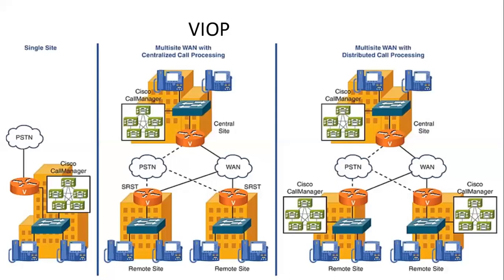In the example, if a phone is dialing an international number, and the central site is the international site for the remote site user, when he dials the number, based on the translation pattern and the route pattern, there is an end device, which is always a gateway or a CUBE, associated with that route pattern.